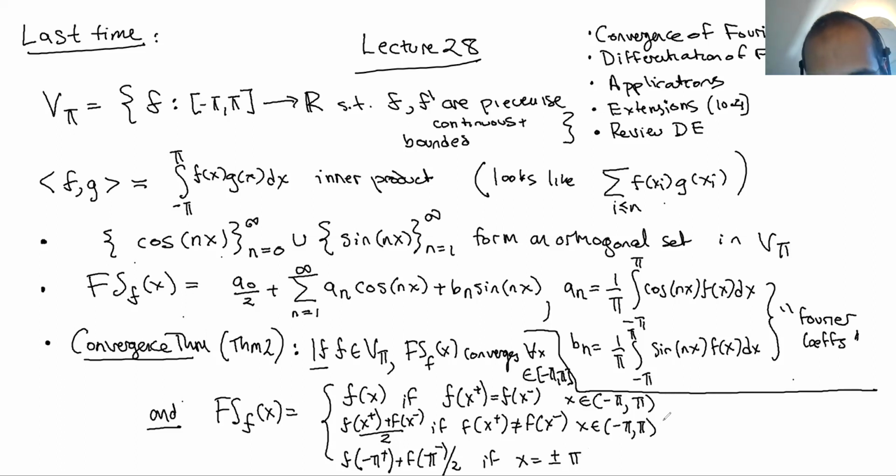If you have points that are discontinuous, then you have something slightly more complicated than being equal. That's the only difference from the Fourier series literally being equal to the function.